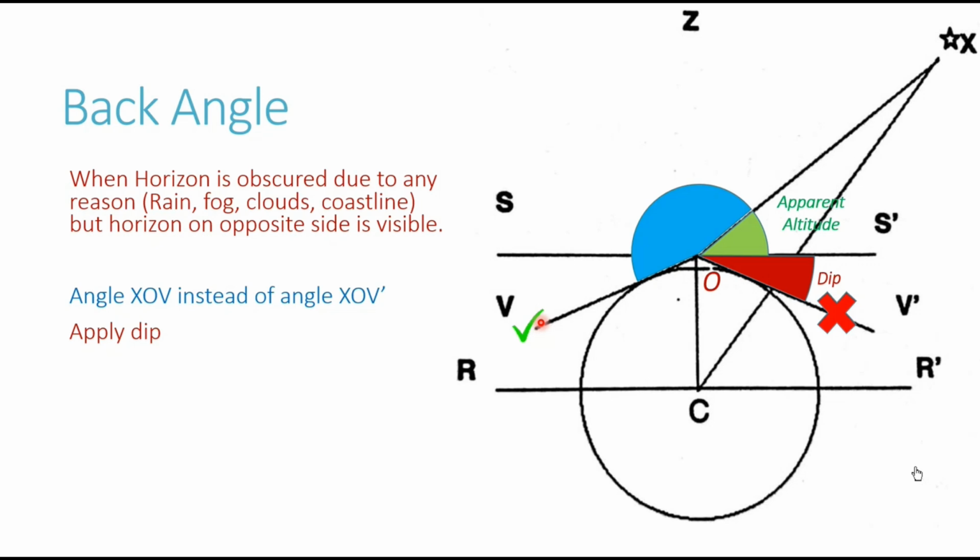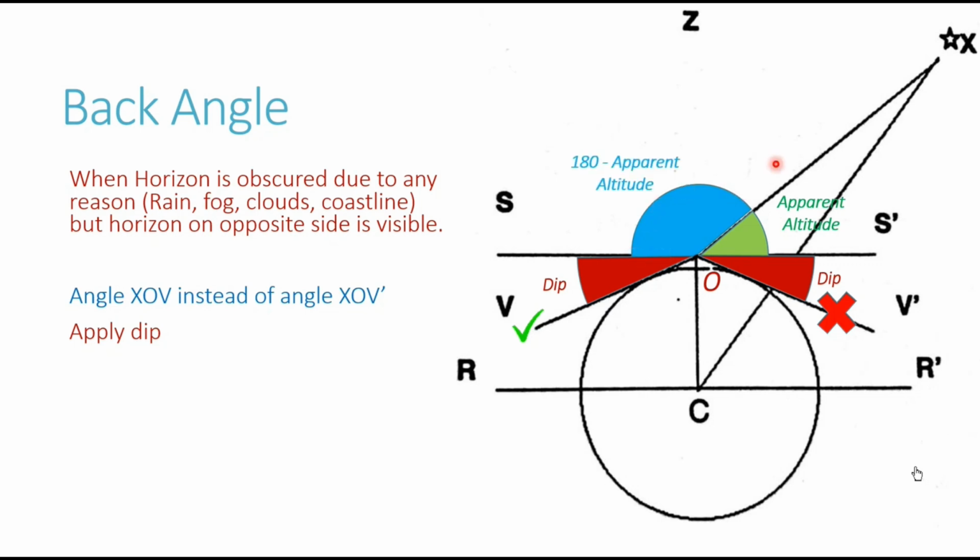So we get the dip correction and we apply it to this blue angle. Let us see what happens once we apply the dip correction. You can see the dip correction now represented by the maroon color angle. This is the dip correction applied to the horizon in the opposite, reciprocal direction. Once you apply the dip correction, the angle which we have now obtained is this blue color angle.